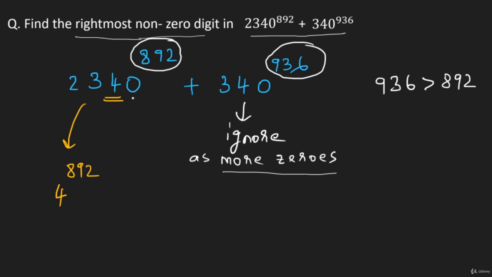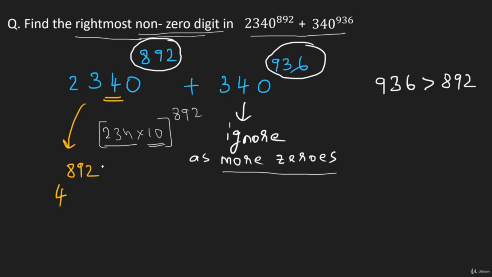This would be 234 into 10, and I can split this as 234 into 10 to the power 892. This part, 10 to the power 892, will give me a number with 892 zeros, but I'm not interested in that because I need to find the rightmost non-zero digit. So I just need to find the unit digit of this expression.